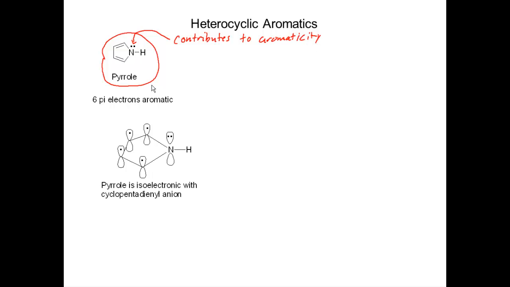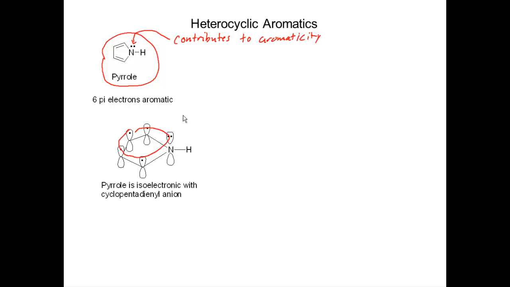So this is pyrrole with the pi bonds and lone pair just drawn as p orbitals. And here you can see the cyclic array of 6 pi electrons. We say this compound is isoelectronic. It has the same electronic configuration as the cyclopentadienyl anion, which you saw in the previous tape.